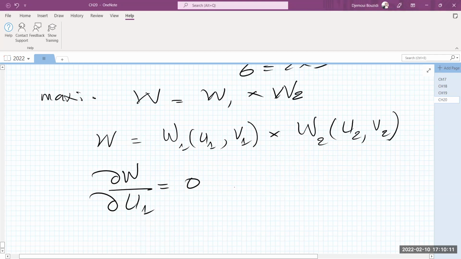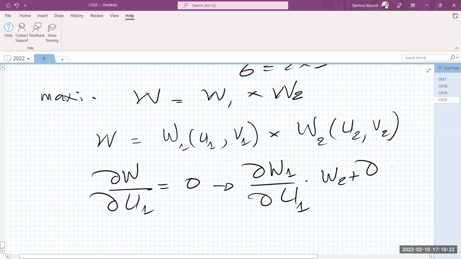That's part of calculus. So that means the partial derivative of W1 with respect to U1 times W2 plus the partial derivative of W2 with respect to U1 times W1 must be equal to 0. This is just the derivative of the product of 2 functions.